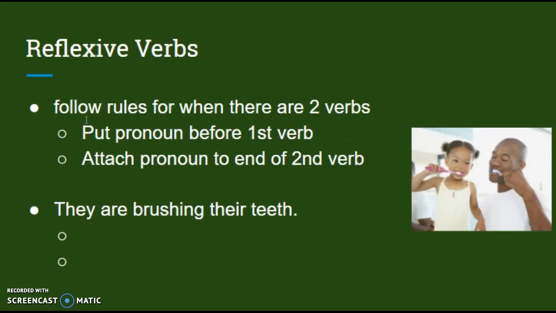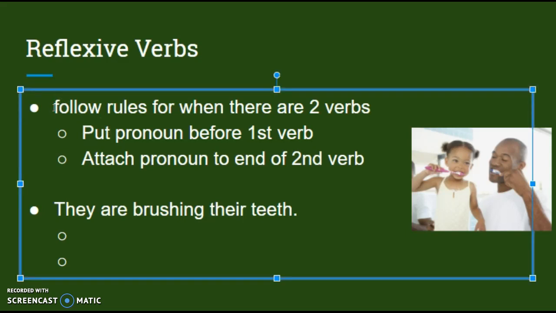Also for reflexive verbs, so this is a verb tense where we have 2 verbs. We have estar, and then we have our participle, the endo word. So since we'll have 2 verbs in our sentence, you have to follow the rule about the pronouns where you put it either before the first verb or at the end of the second verb.